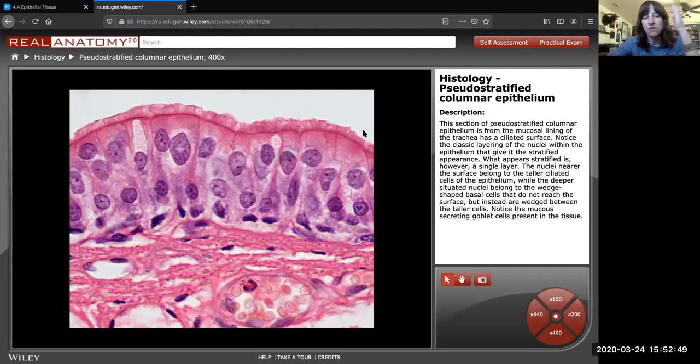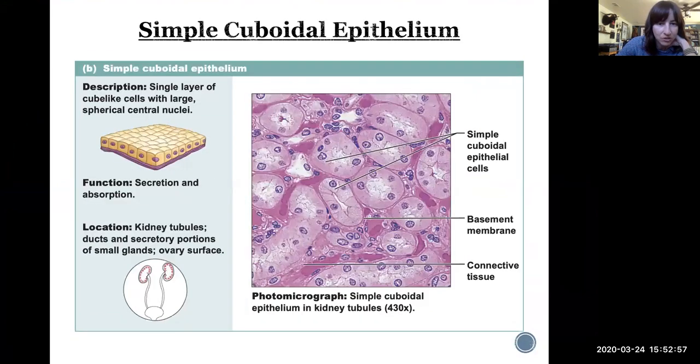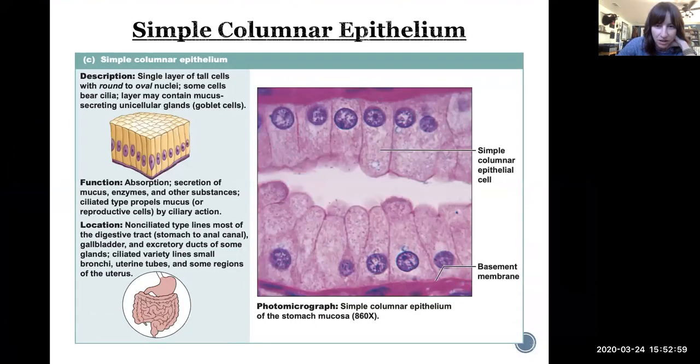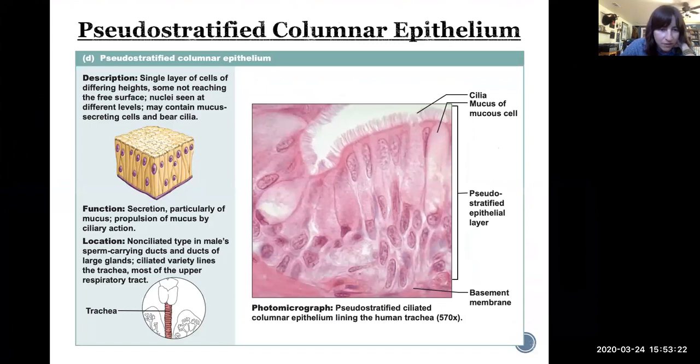Whether it's simple, pseudostratified or stratified, there is not a great way to differentiate based on where they are located, since they're often found in similar regions. So simple columnar, non-ciliated in the digestive tract because there's microvilli, and then ciliated in ducts and your trachea, uterine tubes. Your pseudostratified, oh yeah, sperm-carrying ducts.